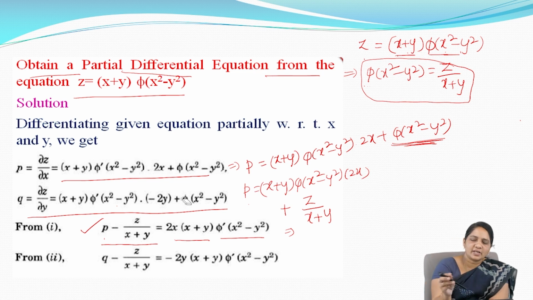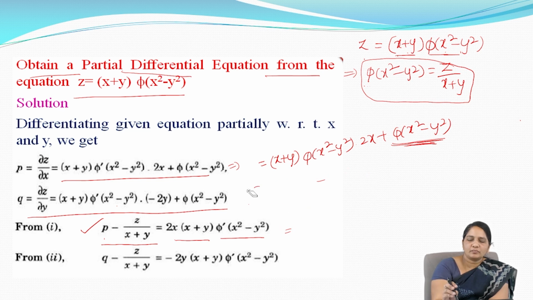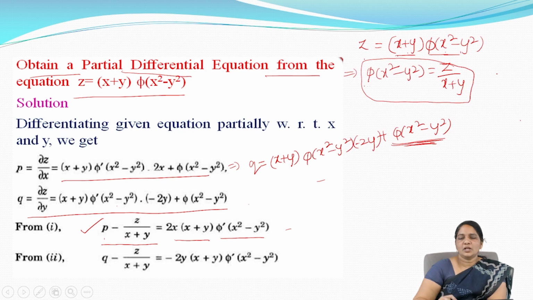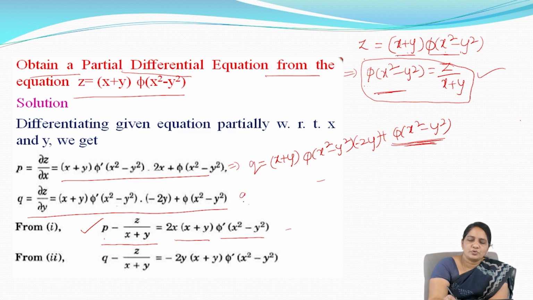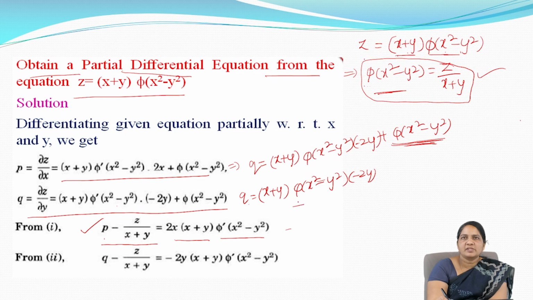Now I am going to simplify the second equation, that is q also. So q equal to (x+y) into φ'(x²−y²) into −2y plus φ(x²−y²). In the same way, I am going to replace φ(x²−y²) by z by (x+y).